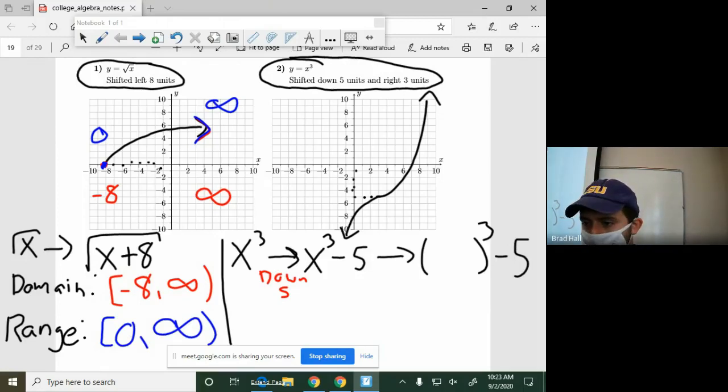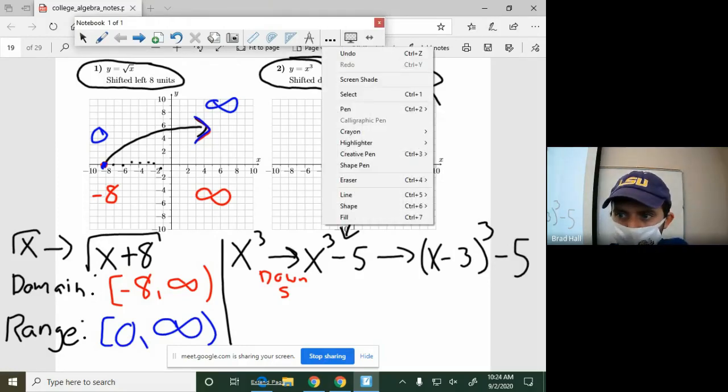I have the parentheses here to represent that. Now to go to the right 3, left and right means we have to do the opposite operation. So to the right 3 means we would have to subtract 3. And that would be to the right 3.